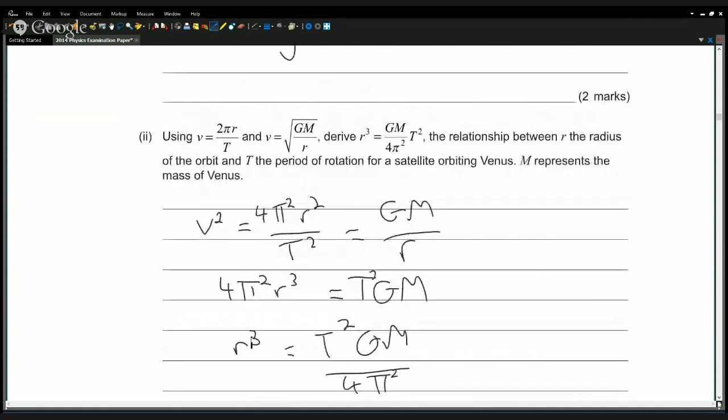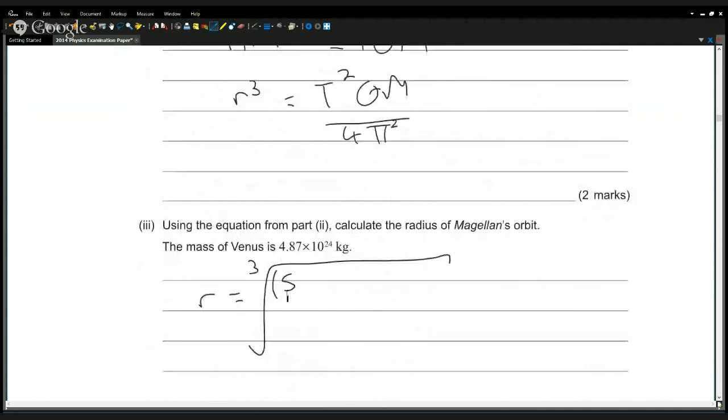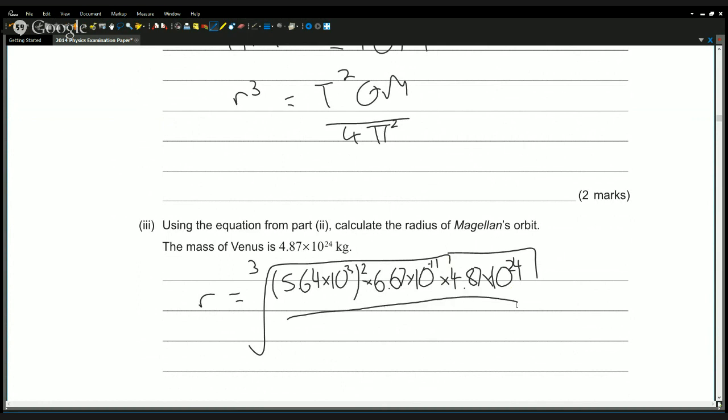T was 5.64 times 10 to the 3 seconds, squared, times 6.67 times 10 to the minus 11, times the mass of Venus, divided by 4 pi squared. Now let's see if that works.